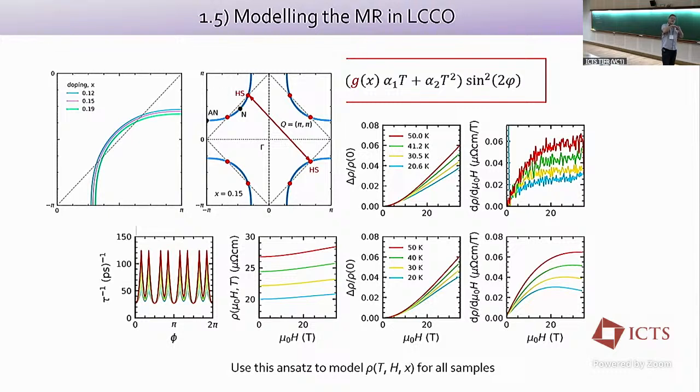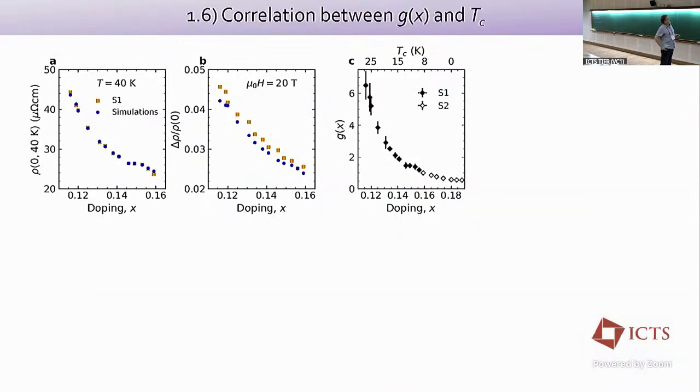But in order to fit all of the curves, for reasons I'll explain shortly, we focused on the model involving the pi-pi spin fluctuations and only varied across the entire series this G parameter. Okay, and so this is what we got. We couldn't fit all the curves, that's just an enormous amount of work. So we fit the absolute values of the resistivities at particular temperatures.